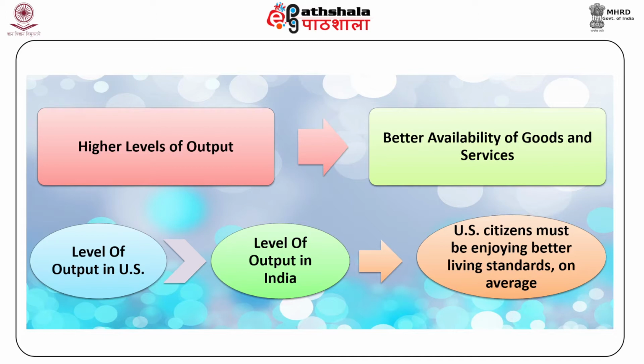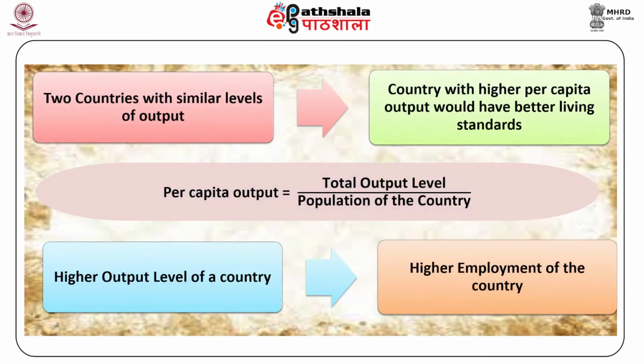Thus, if the US has a higher level of output relative to India, then that would imply that the US citizen must be enjoying better living standards on average. If two countries have similar output levels, then the country that has higher per capita output is likely to enjoy better living standards.